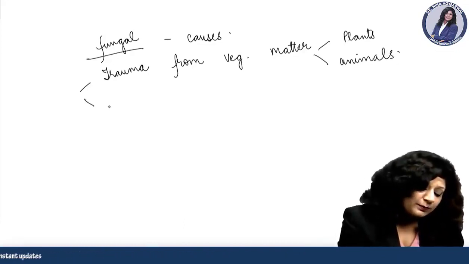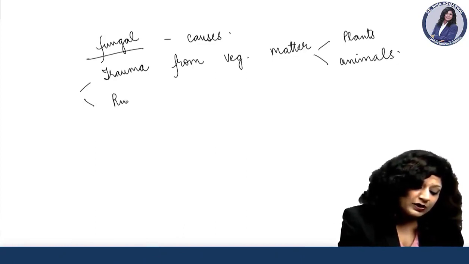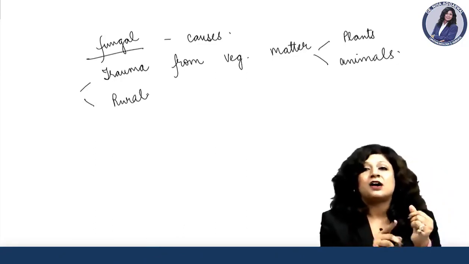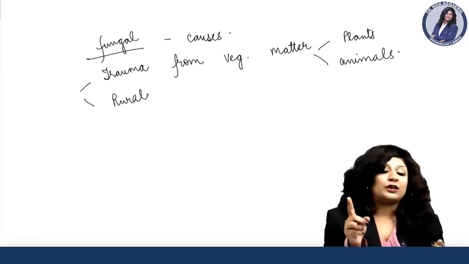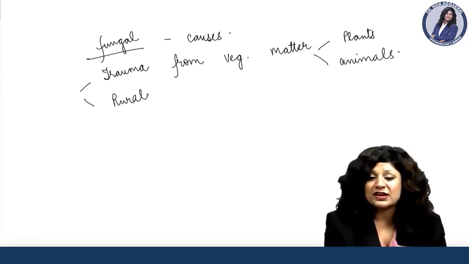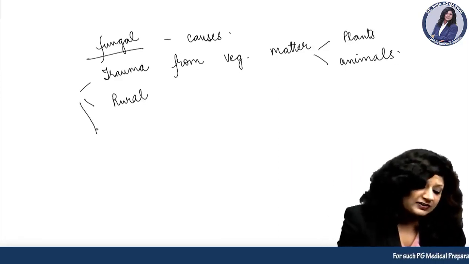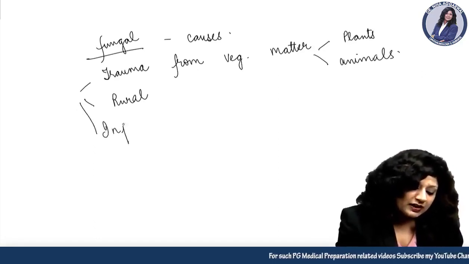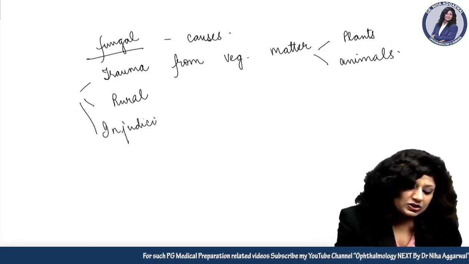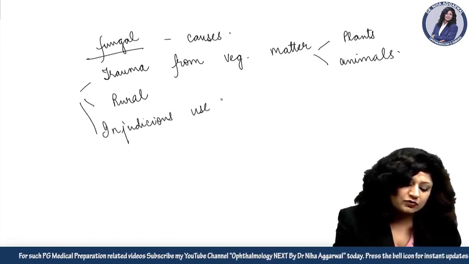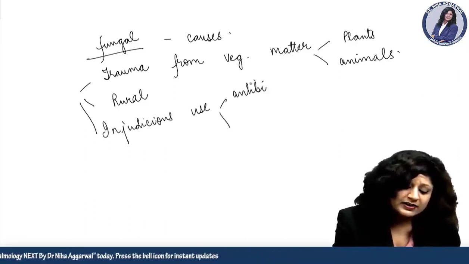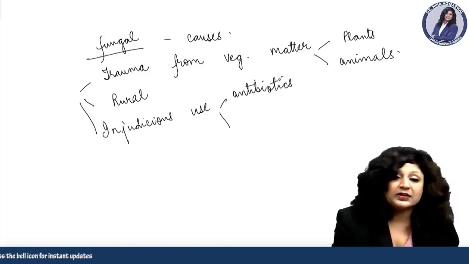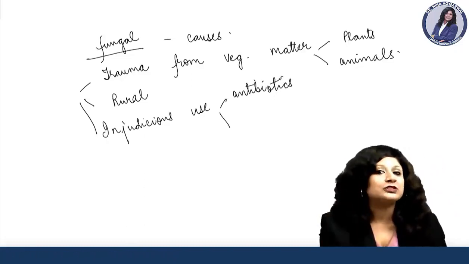Then it is more common in the rural population. If I say a farmer by occupation coming from a rural area, or trauma from vegetative matter, or if there is injudicious use of certain drugs like antibiotics, you are disturbing the balance between the ocular flora and the outside environment.